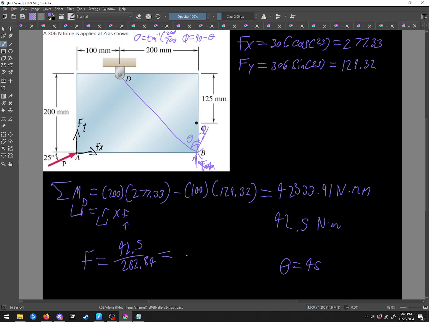And the minimum force required here is now going to be 1.503. That don't seem right. It ain't right.